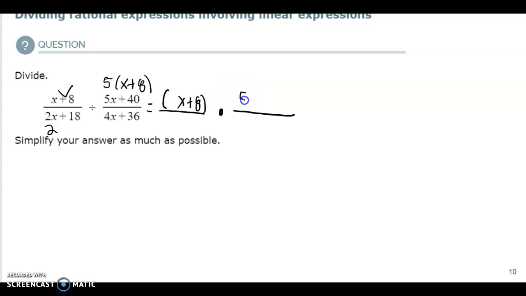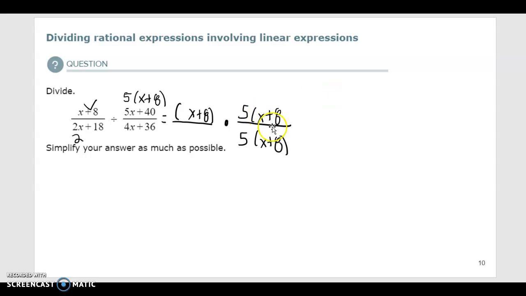So this is, oh, that's going to be in the numerator though, because we multiplied it. This I can pull out a 2. And this I can pull out a 4.